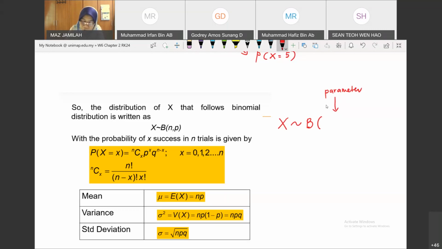It will involve the number of trials, that will be the N, and the probability of success, that will be the P. So, class, can you still remember what is a parameter, class? Someone, please.